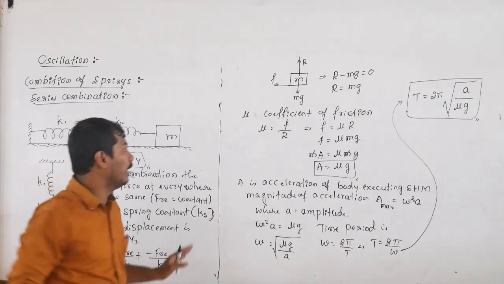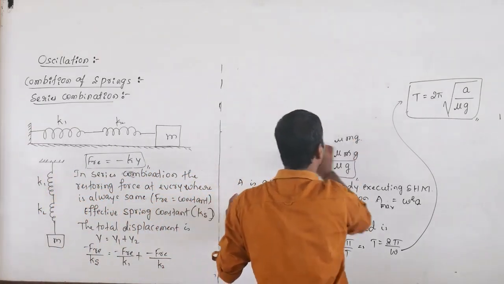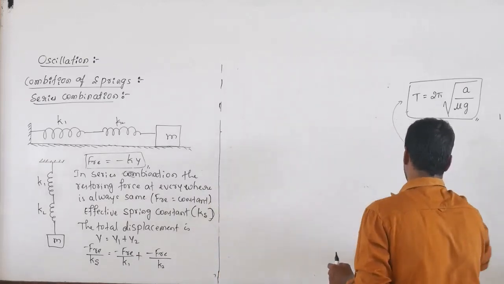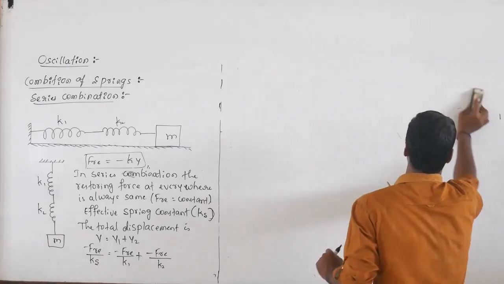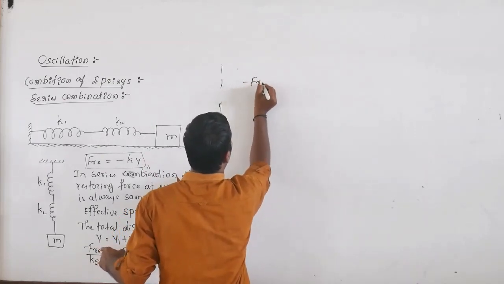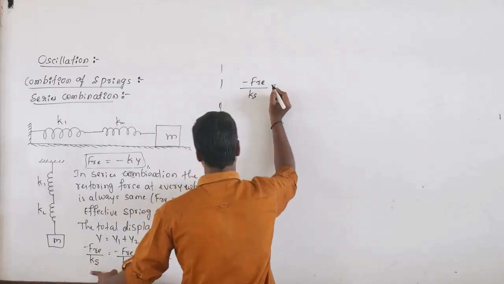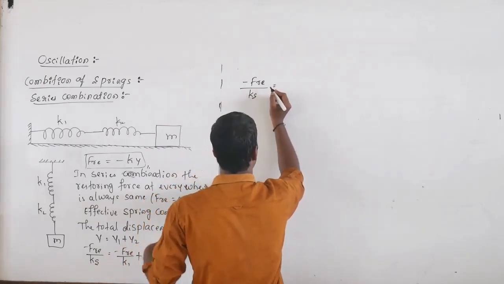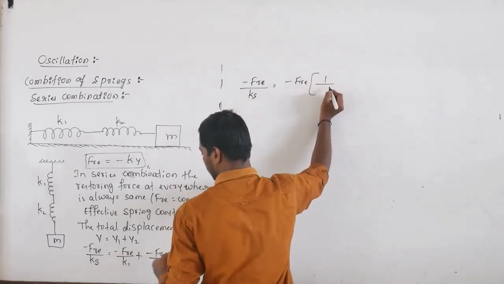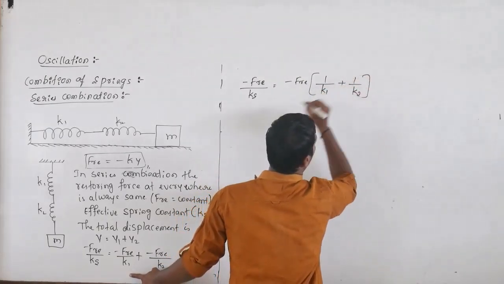But on the RHS and LHS, the restoring force is common. If you take the restoring force as common on both sides, it gets cancelled. Minus Fre divided by the series effective spring constant equals minus Fre, which is common, times 1 by K1 plus 1 by K2.